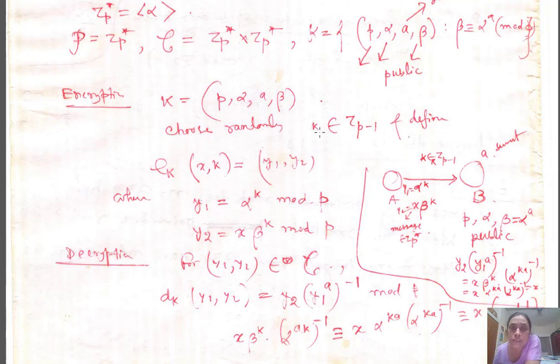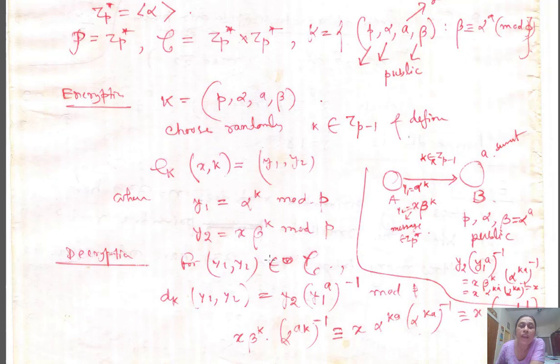He has to guess what value of k in Z_{p-1} gives alpha to the power k equal to y1. He has y1, y2, so he has to guess this k as well as this x. That is difficult. He has alpha, beta, and p, so he can always guess, but the complexity of this exhaustive search is very large compared to RSA.